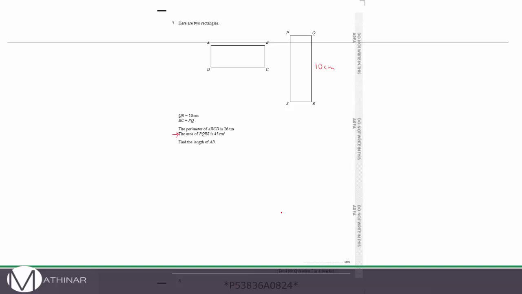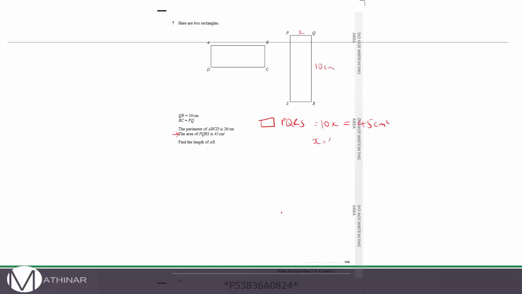If the area of PQRS is 45, then that must mean that the length of this, let's call it X, we can now work out, because the area of this rectangle, rectangle PQRS, is 10 times X, which we know is 45 centimeters squared.